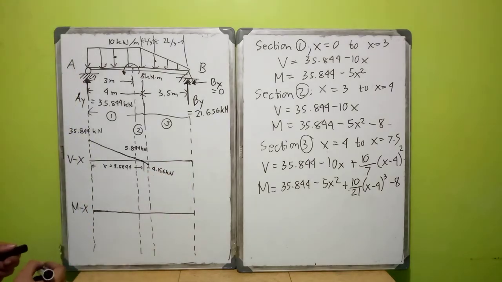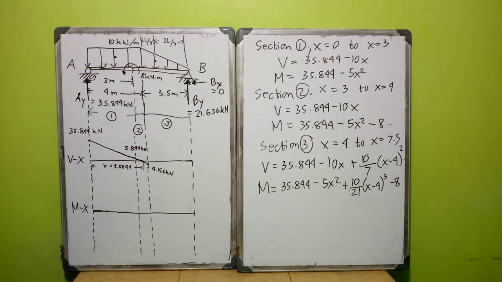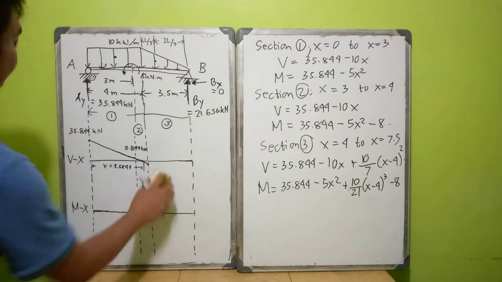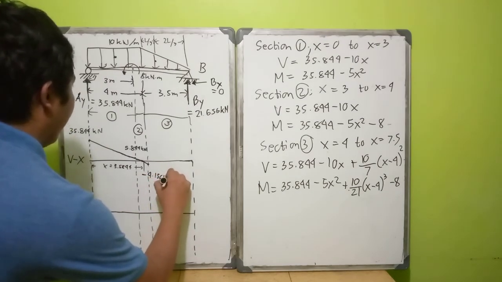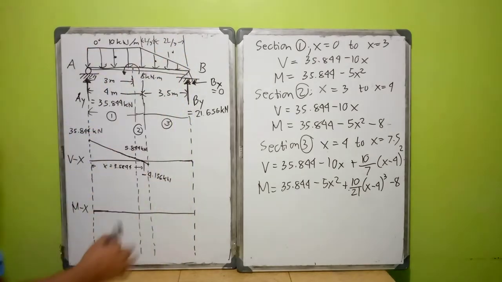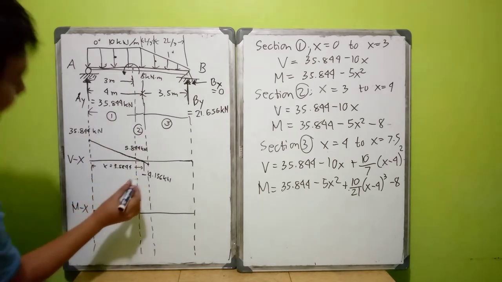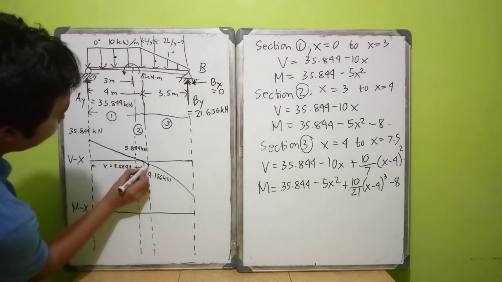And then we have this loading, which is triangular. Since the load is a 0 degree curve and the shear is a 1 degree curve, this will be a 2nd degree curve here. It will behave like this.